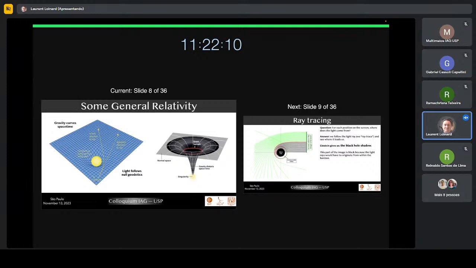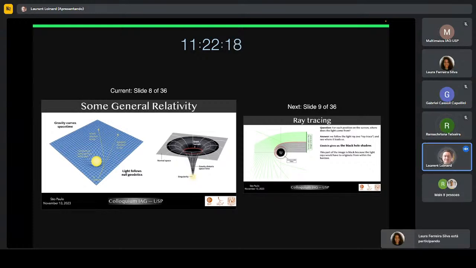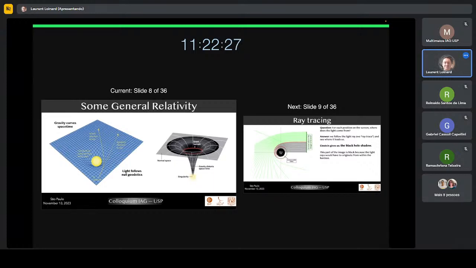Another prediction of general relativity, which Einstein himself didn't like, but it turns out it was true nevertheless, is that if you manage to take a certain mass and compact it to a sufficiently small size, then the distortion of gravity will become so strong that you will create a singularity. You will create a point in space-time where the curvature of space-time will be infinite, and you will end up with a singularity.